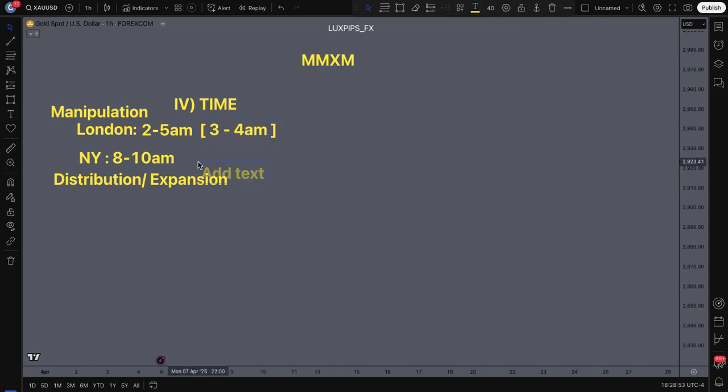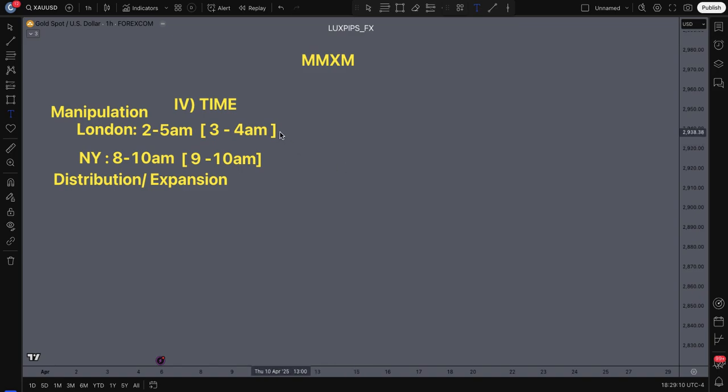For New York, it's 9 to 10 a.m. These are the times when you really want to be looking at the charts. Most setups happen at these times.